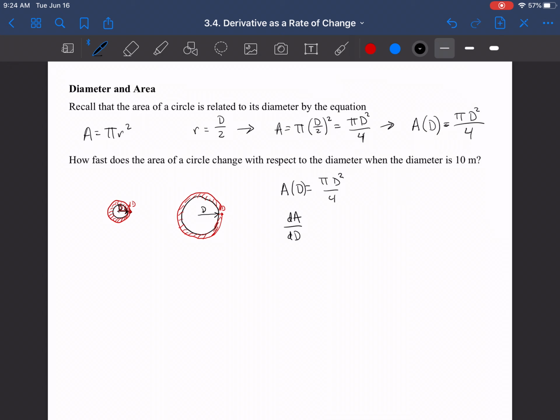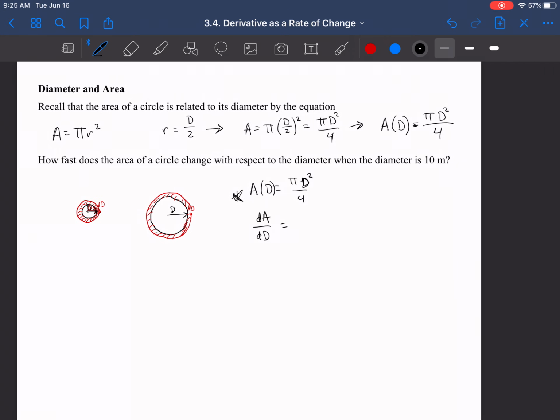How much does the area change if we take a tiny nudge into a larger or smaller diameter? How much does that little ring of area add on or subtract off depending on whether we're making it larger or smaller?